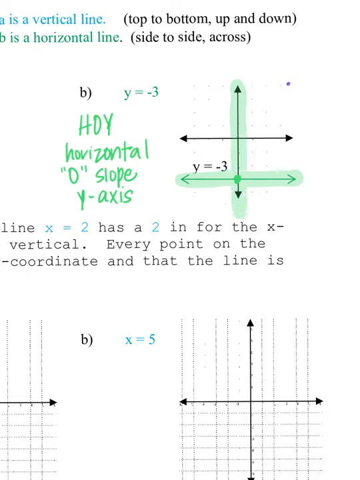So it's a horizontal line, because again, here's x and y. This point is on our y-axis, and it's perpendicular to the y-axis. And a horizontal line has a 0 slope.